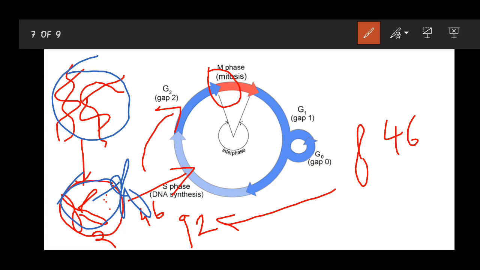Sister chromatids are copies of each other, that means they have the same type of genes, because they can be considered as photocopies of one another or clones of one another.